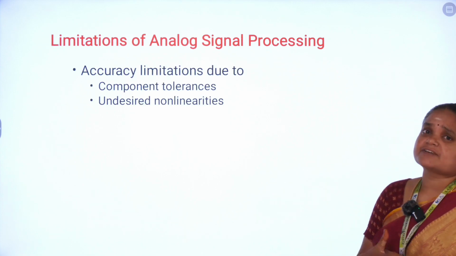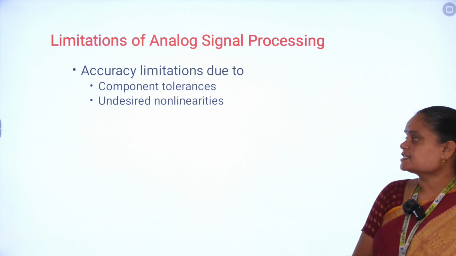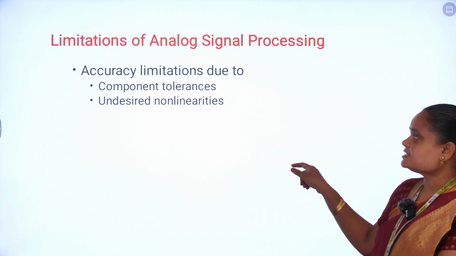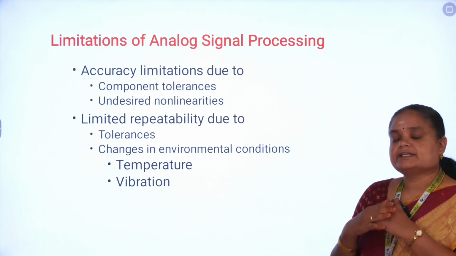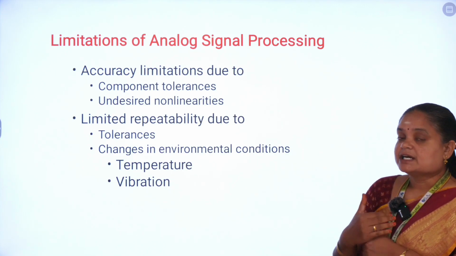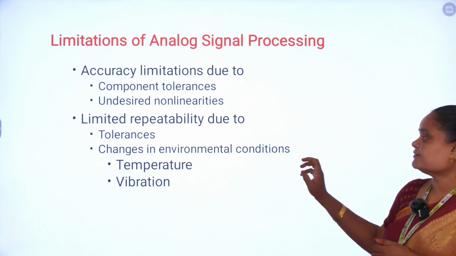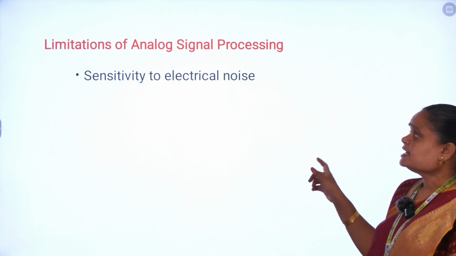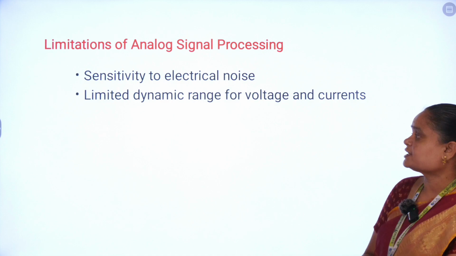What are the limitations of analog signal processing? Accuracy limitations due to component tolerances, undesired non-linearities, and limited repeatability, which in this case means due to tolerances and changes in environmental conditions, that is temperature and vibration. Sensitivity to electrical noise is also one of the disadvantages of analog.